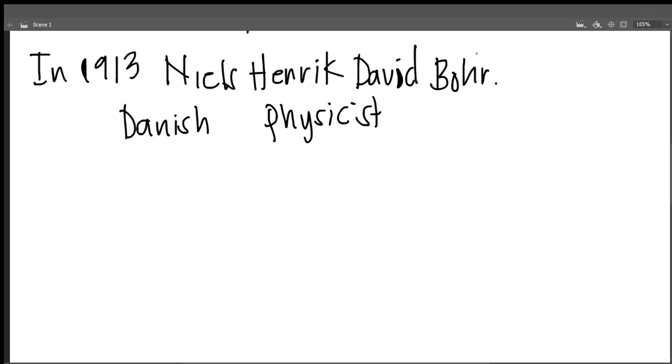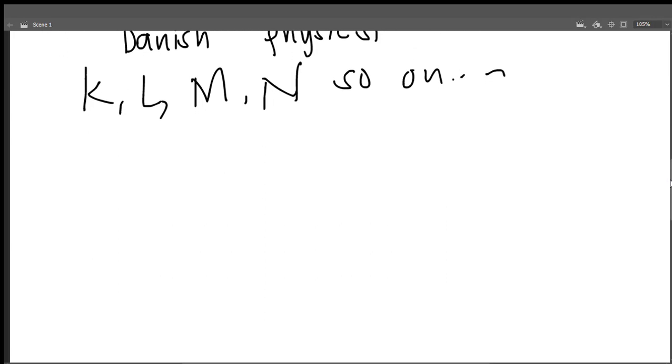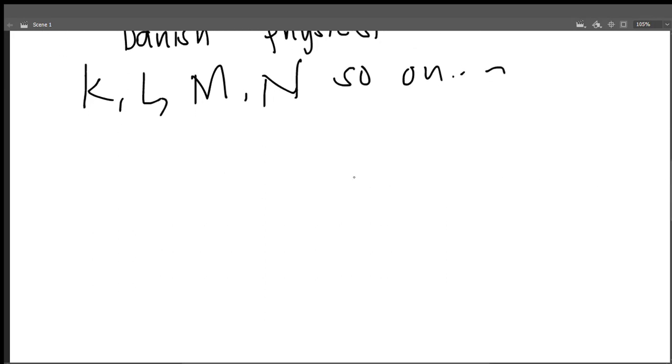They are designated as K, L, M, N, and so on. Each shell carries a number of electrons. Okay, so let us have an illustration of what he said.